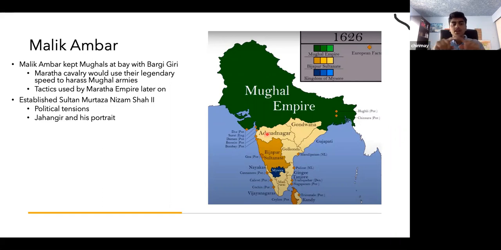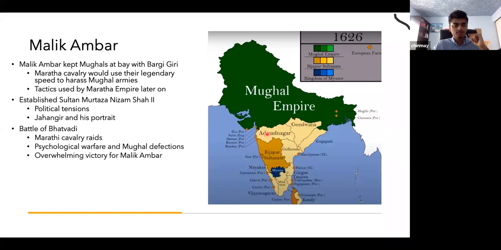In this portrait, Jahangir was shooting the decapitated head of Malik Ambar. That's how frustrated he got with Malik Ambar. This is how Jahangir was getting frustrated. He was unable to defeat Malik Ambar.